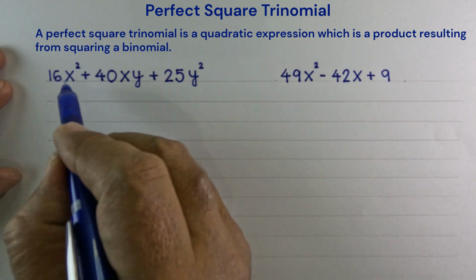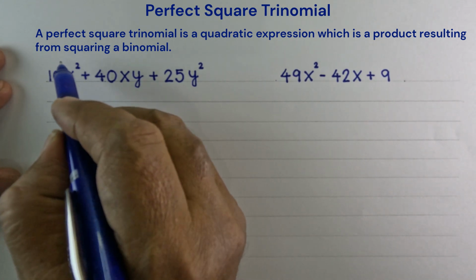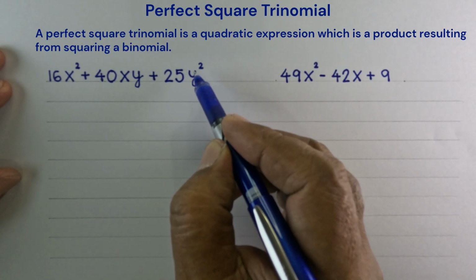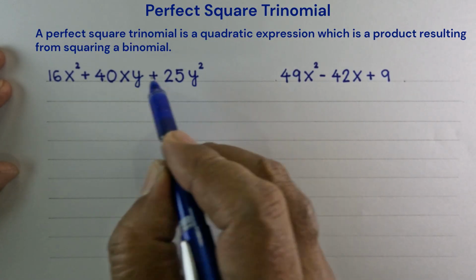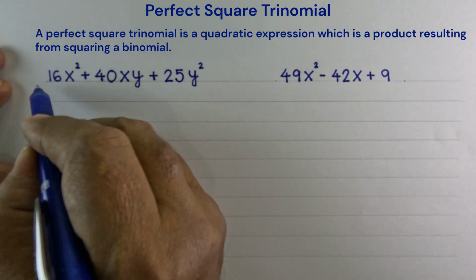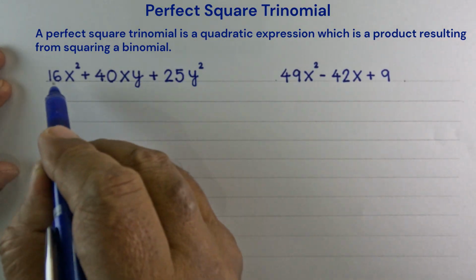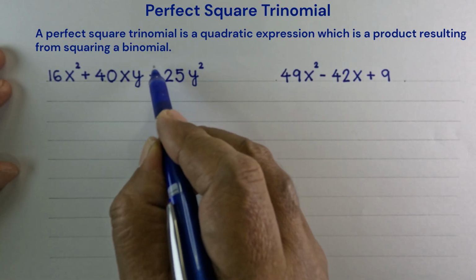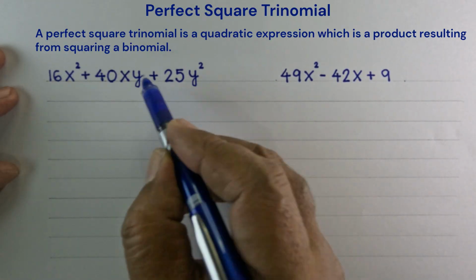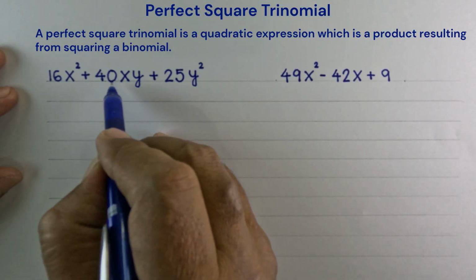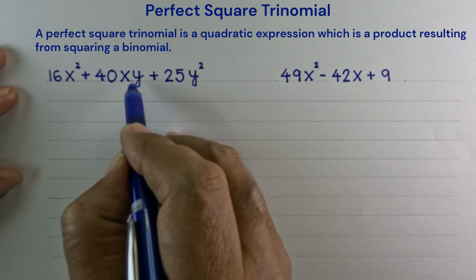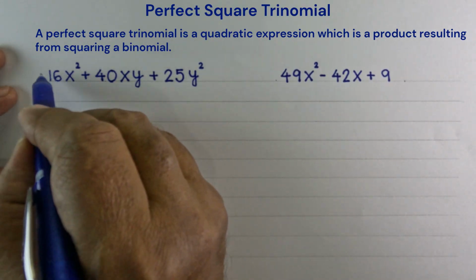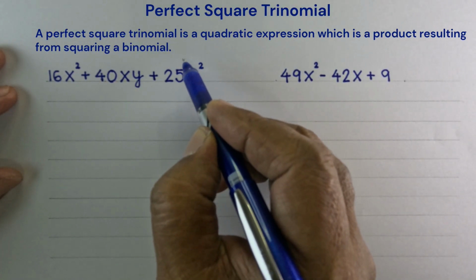First, the first term and the last term must be perfect squares. Secondly, both the first and last terms must be positive, just like this. And thirdly, the middle term must be twice the product of the square roots of the first and last terms.